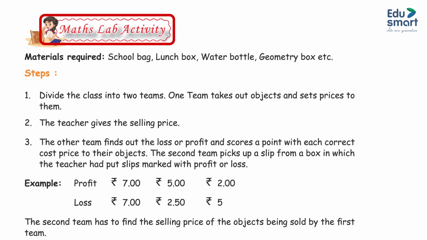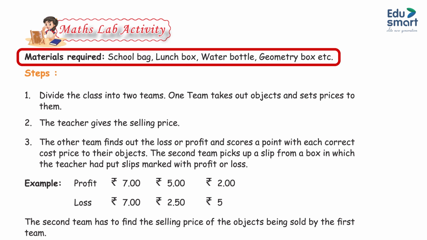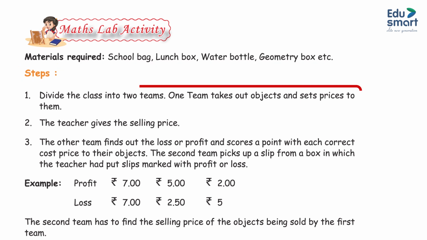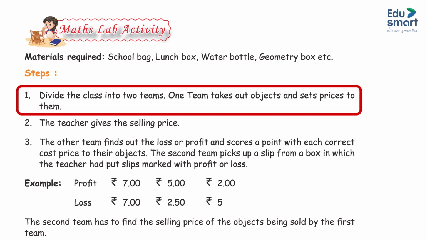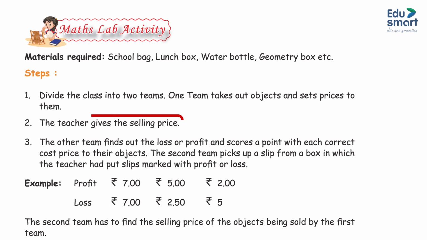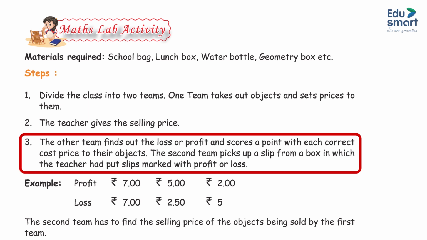Maths lab activity. Materials required: school bag, lunch box, water bottle, geometry box, etc. Steps. 1. Divide the class into 2 teams. One team takes out objects and sets prices for them. 2. The teacher gives the selling price. 3. The other team finds out the loss or profit and scores a point with each correct cost price for their object.